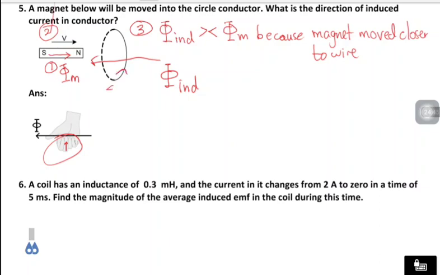This is step 4, the final step, we got the direction of induced current. Okay.